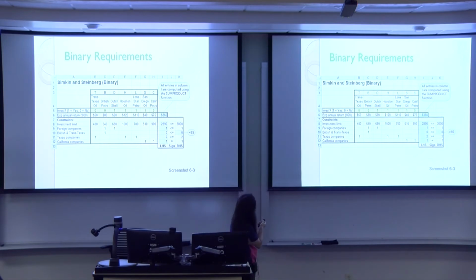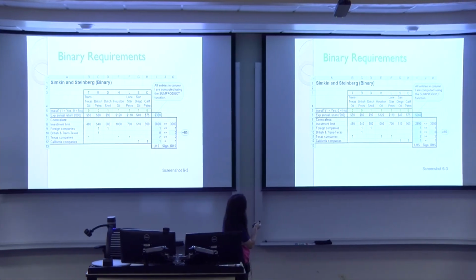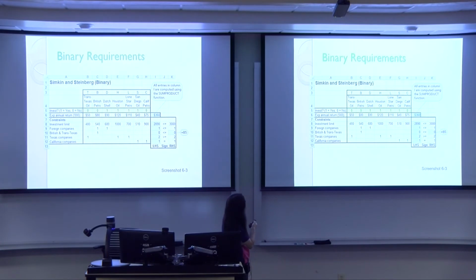Here, in the columns, you have these 7 decision variables, and they are either equal to 1 or 0. And this is the expected annual return. That is the objective, you have to maximize the total return of investment. And you have those constraints. This is for the investment limit.